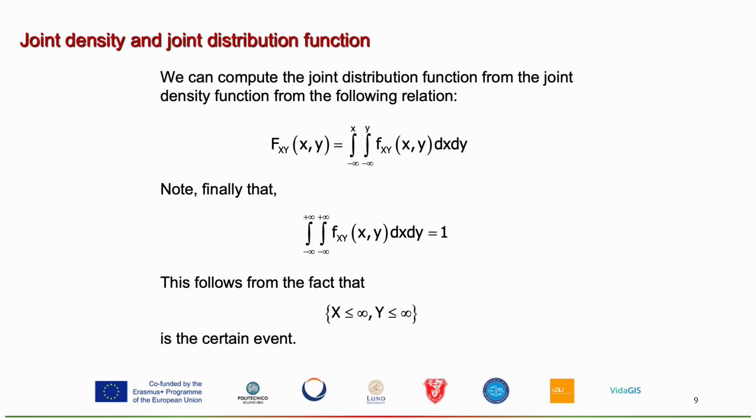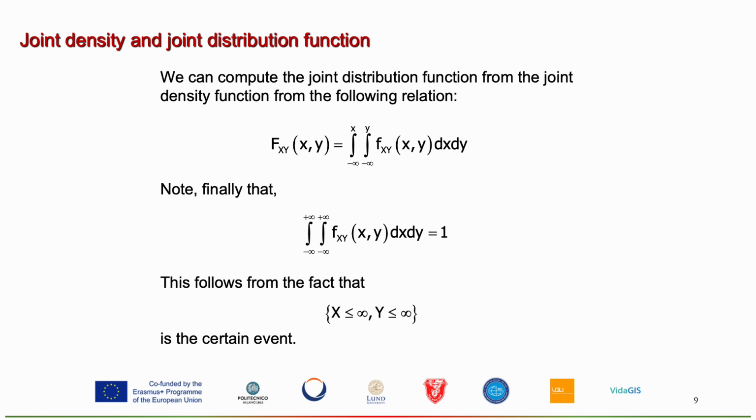Moreover, given the joint density function of a two-dimensional random variable, we can compute from it the joint cumulative distribution function by integration. Capital F of x, y will be the integral from minus infinity to x of the integral from minus infinity to y of the density function integrated in dx dy.